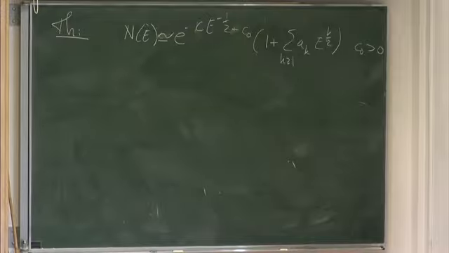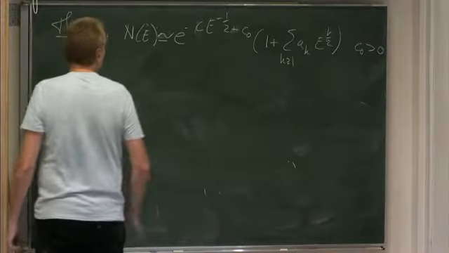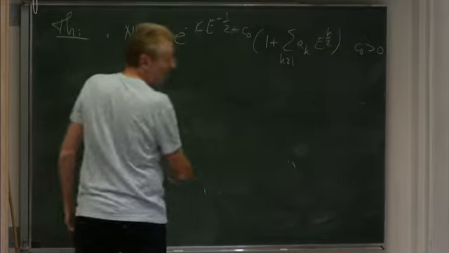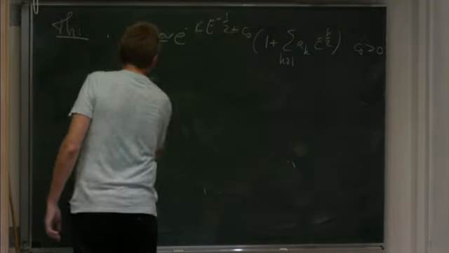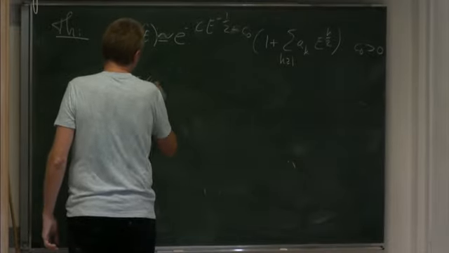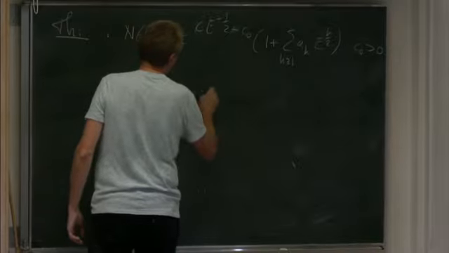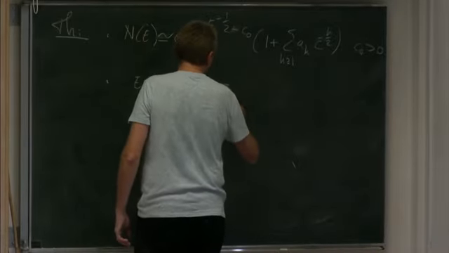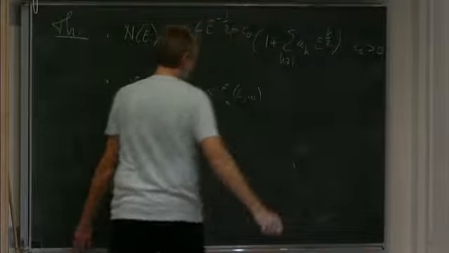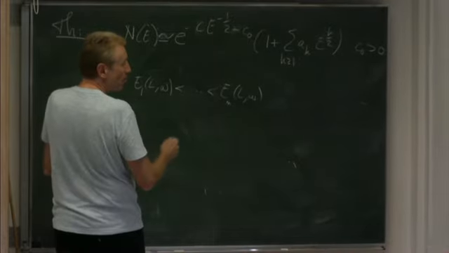Okay. The second thing that you get is local statistics at the band edges, meaning that if you look at the process, you take the eigenvalues, defined as before. We're in one dimension, so they're all distinct. And I rescale them in a somewhat different way.